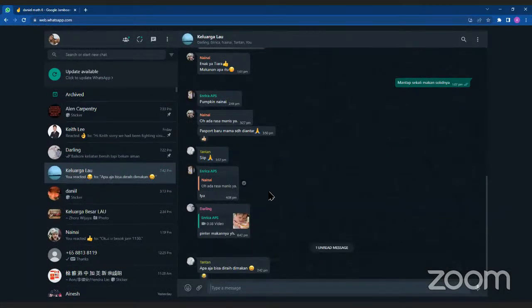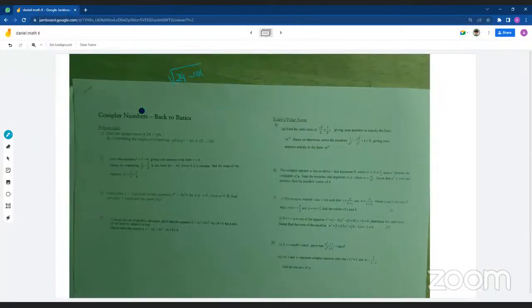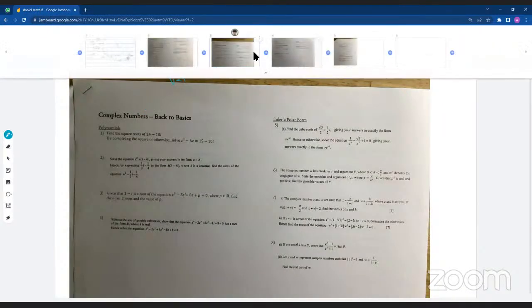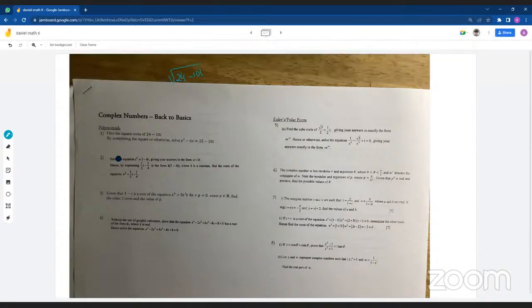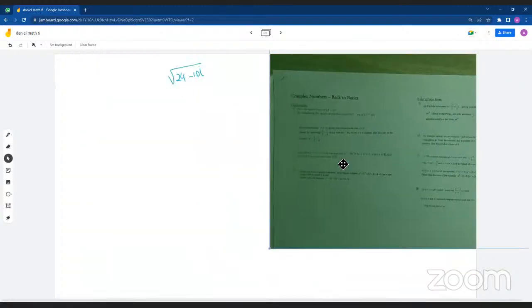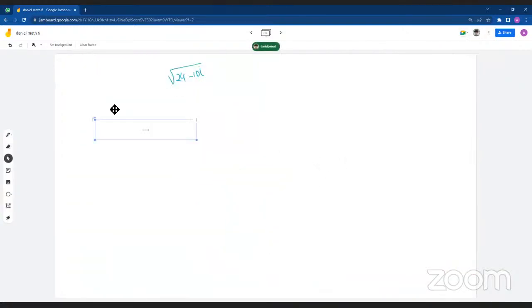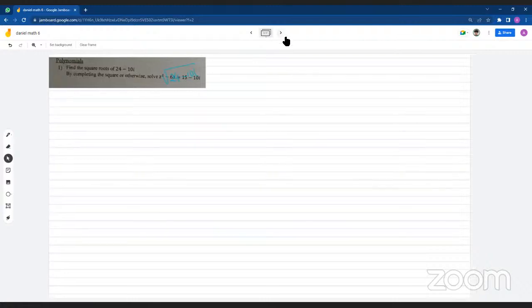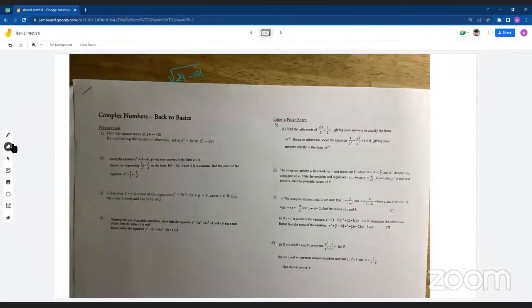I'm just gonna zoom in. Let me do something for you. Let me duplicate. Let me just square this one, and then delete that, and then you have the question there. Alright, that's a bit better.